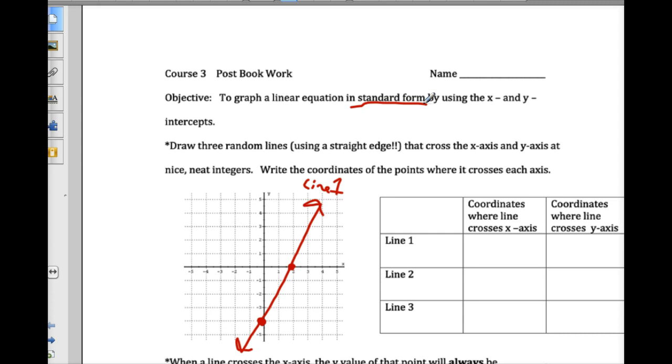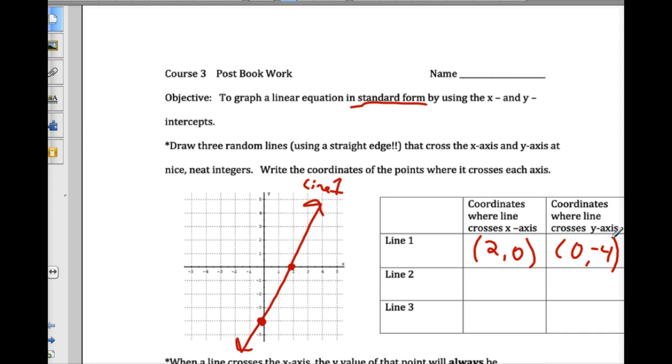Now, go to this table over here and write the coordinates where the line crosses the x-axis and the y-axis for line 1. In my example, it crosses the x-axis at the point 2, 0, and it crosses the y-axis at 0, -4.